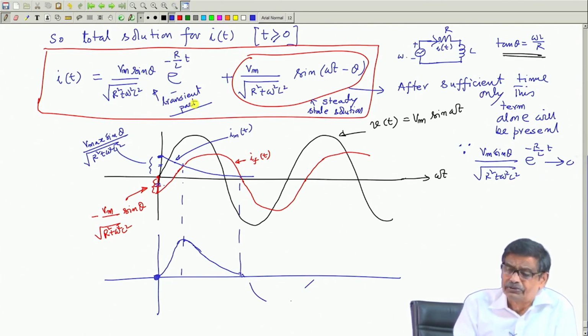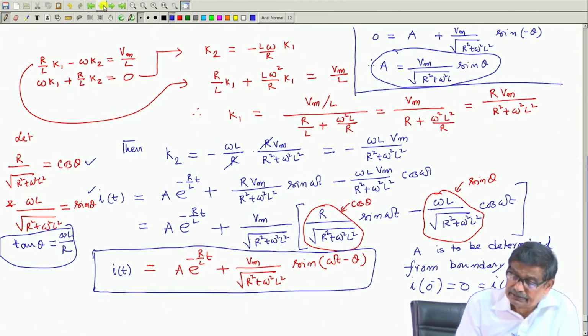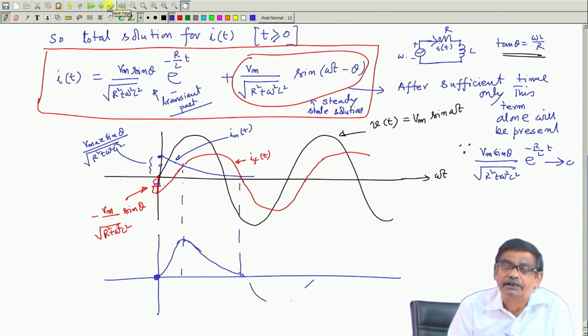So, what is the conclusion? Behind all this maths, the conclusion is to be understood very carefully.